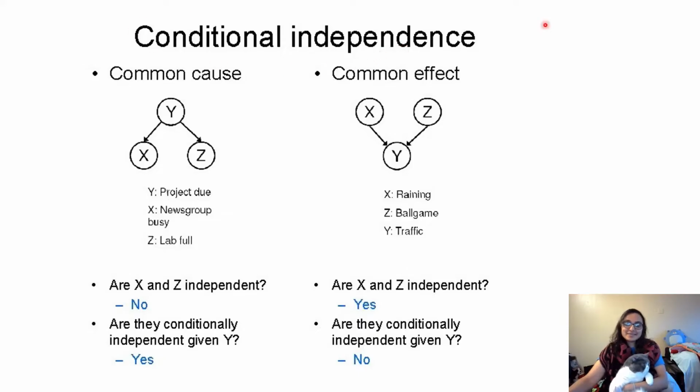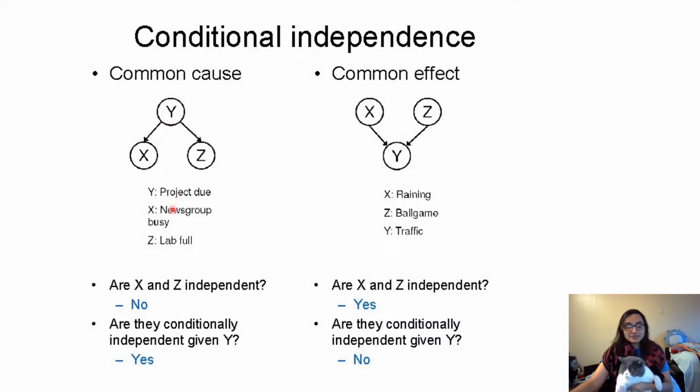So in conditional independence, what I want you guys to see is another example. Here, let Y be a project due, X be a news group that is busy, and Z be a lab that's full. So if we have a project due, then the news group could be busy and the lab could be full. That's a common cause. The common cause for the news group being busy and the lab being full would be the project being due.